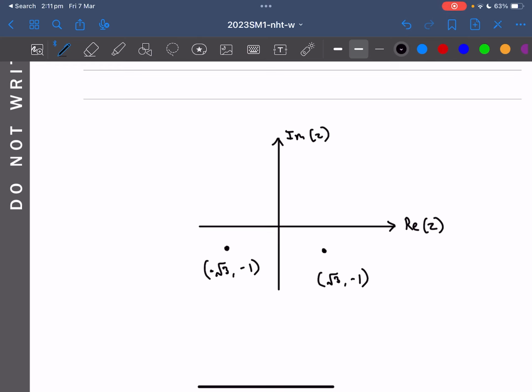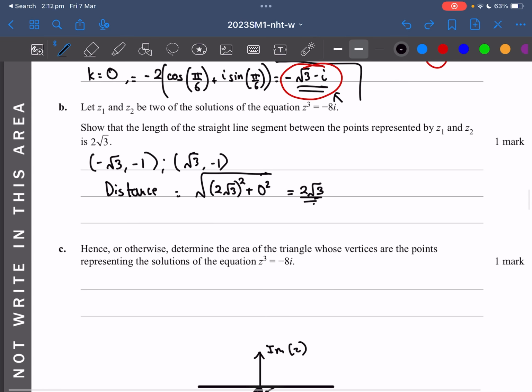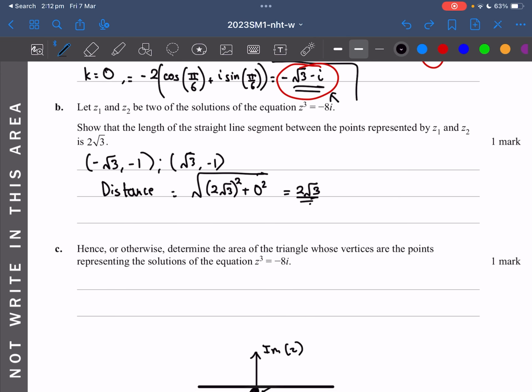Even if you calculate the distance between this point and this point, you'll still get 2 root 3. But I chose these two points purely because it's easier to find the horizontal distance, because negative 1 and this one just cancels out to 0 in the distance formula. Hopefully this made a lot more sense.